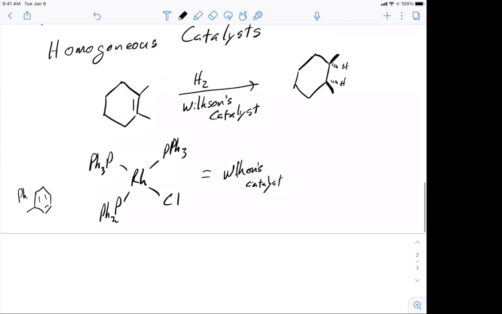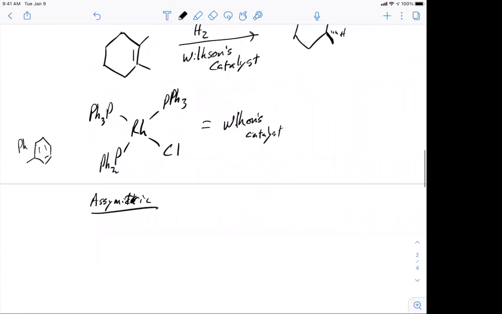Now, where the asymmetric comes in, and again, I'm not spending a lot of time on this, is because I can change, let's say, substitute one of these groups.